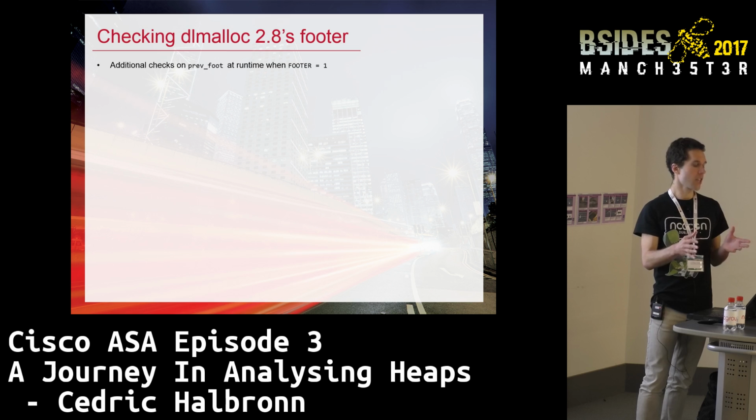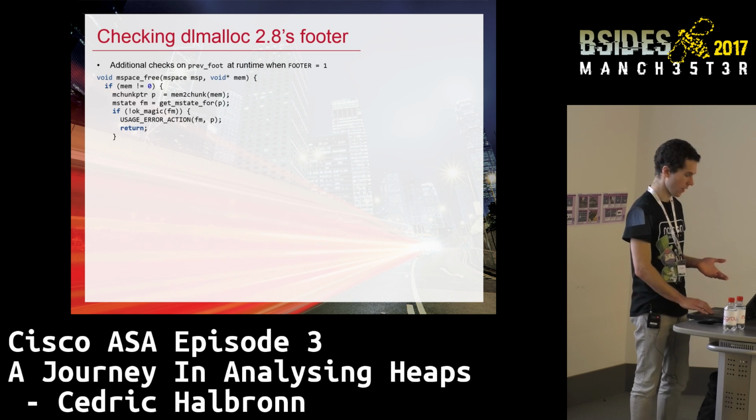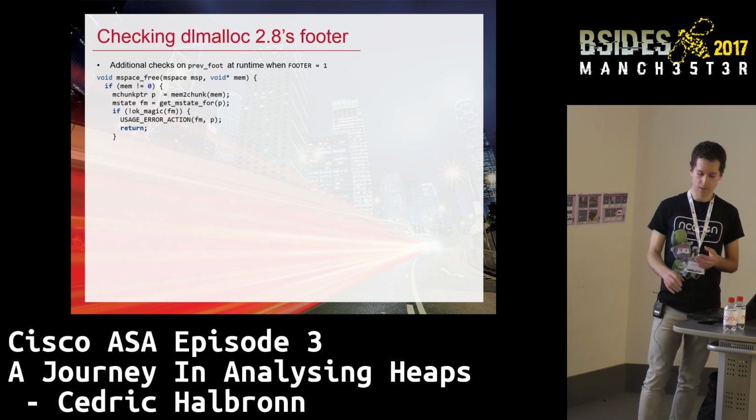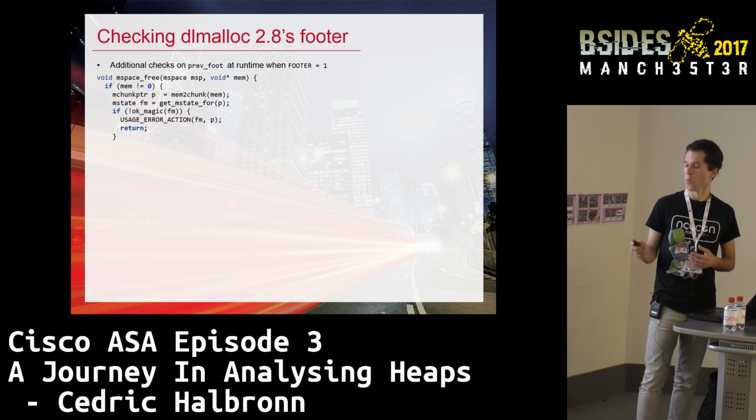Then you need additional checks when the chunk is handled to check that the cookie is correct, right? So when you free a chunk, it's going to take the address of the chunk, make it point to before the dlmalloc chunk, get the mstate for this chunk, and then check the magic from the mstate.